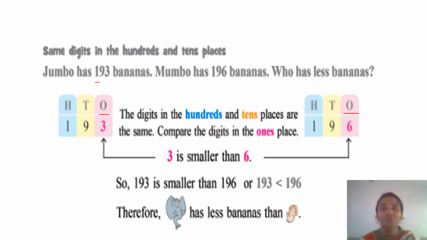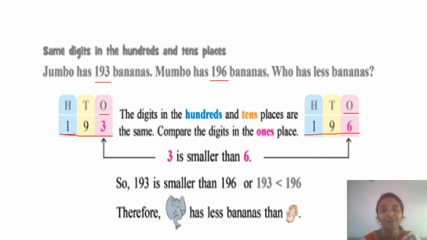Jumbo has 193 bananas and Mumbo is having 196 bananas. Who is having fewer bananas? As normally I am writing under hundreds, tens and ones the bananas which Jumbo has, and 196 are the bananas which Mumbo is having. Now hundreds and tens are the same.